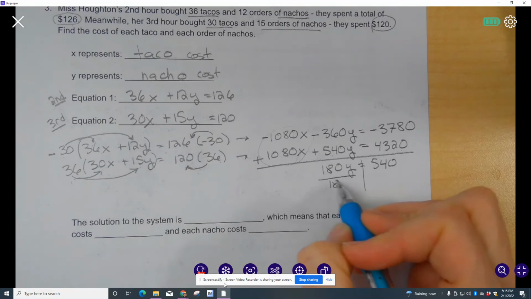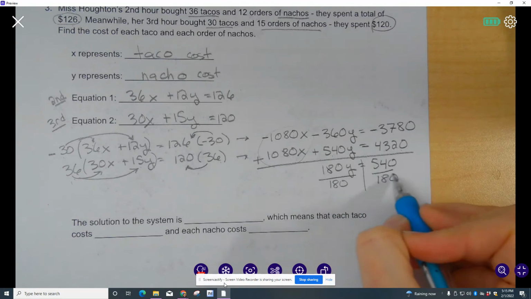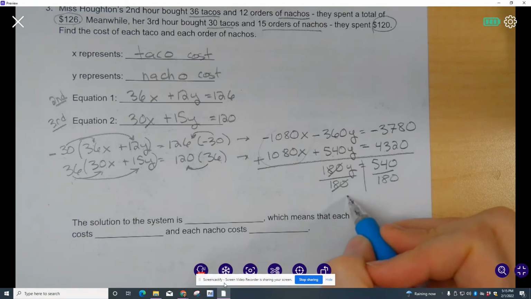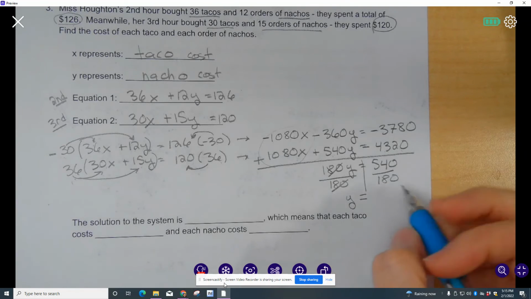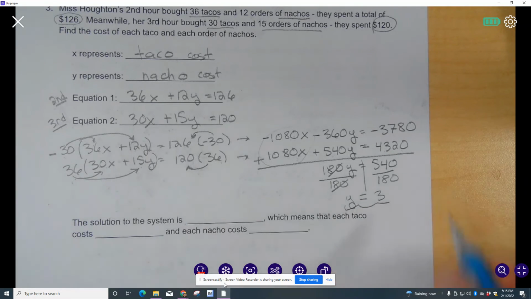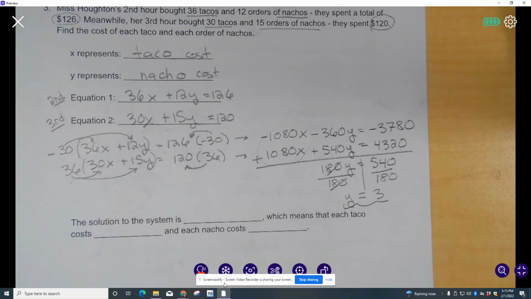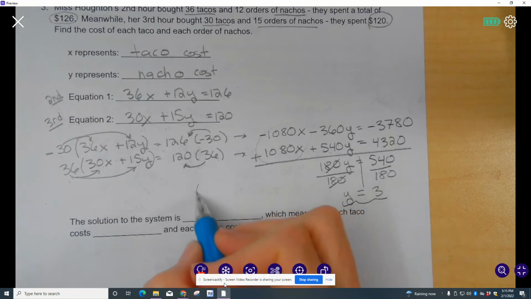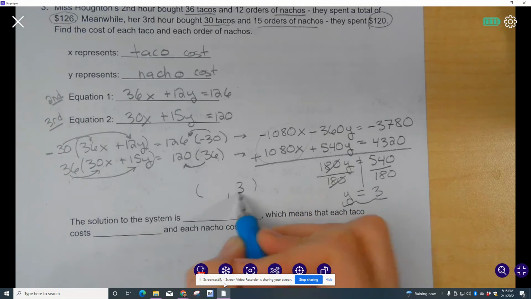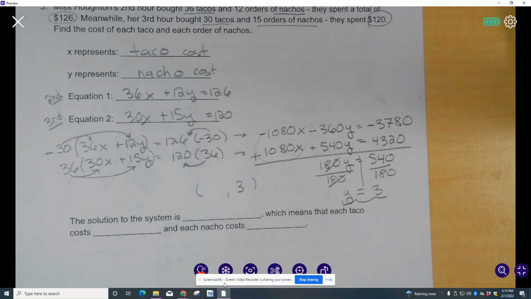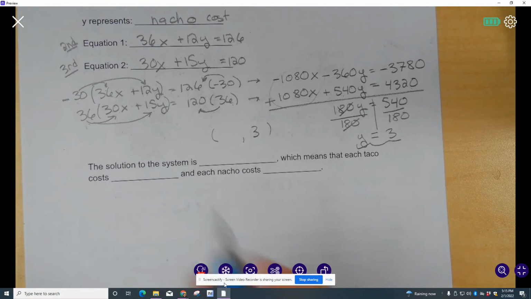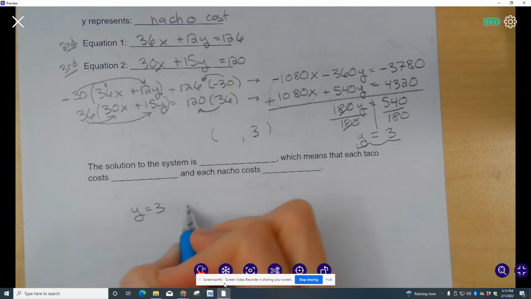Now divide both sides by 180. 180 divided by 180 is 1. I'm left with 1y equals 3. See, we get a nice small number. So I'm going to say I'm halfway done here. Y is 3. I need to find x. I'm going to slide down here to find x. So y is 3. Find x.